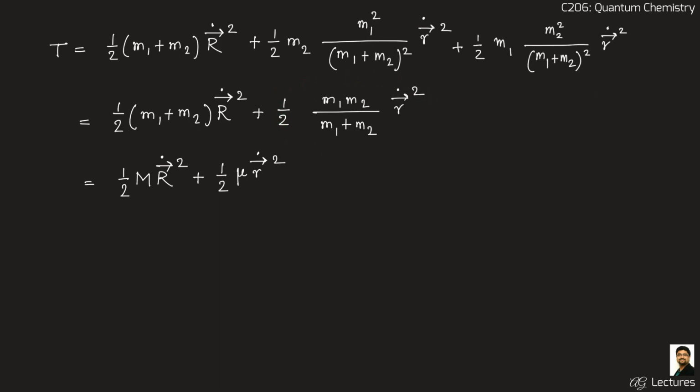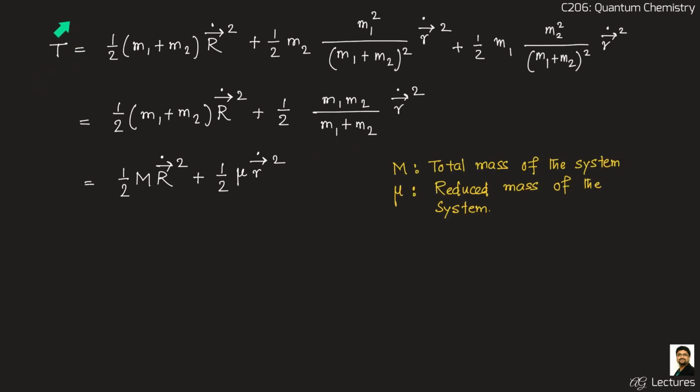And now if we define capital M as the total mass of the system, which is m1 plus m2, and if we define another variable mu as this quantity, m1 m2 over m1 plus m2, then we can write down the total kinetic energy of the system as split into two parts, one part involving the total mass of the system, M, and another part involving the reduced mass of the system.